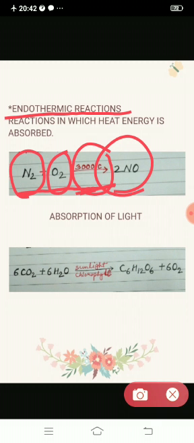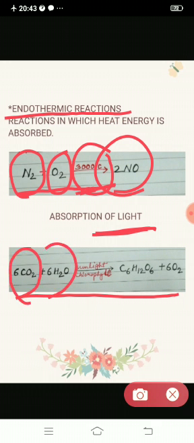As we have seen, energy can be absorbed or evolved in the form of heat or in the form of light as well. The most common example is the process of photosynthesis, when carbon dioxide and water react in the presence of sunlight.